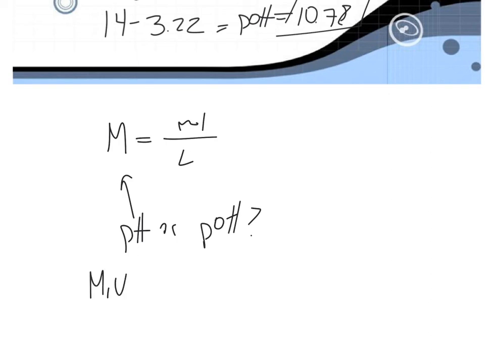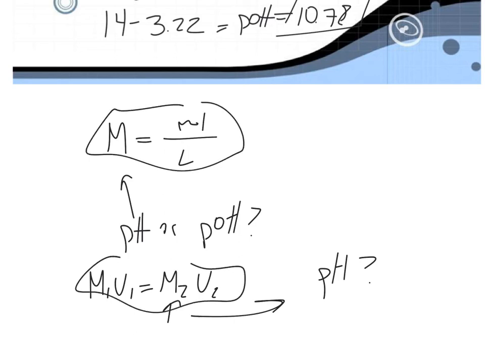Maybe an M1V1 equals M2V2, where you solve for M2, and then after you've solved for the M2 upon diluting, you're then asked what's the pH or what's the pOH. You can expect to see a molarity problem or a dilution problem on the quiz or test coming up. It's a combination of concepts from last chapter and this chapter all together in the same problem.